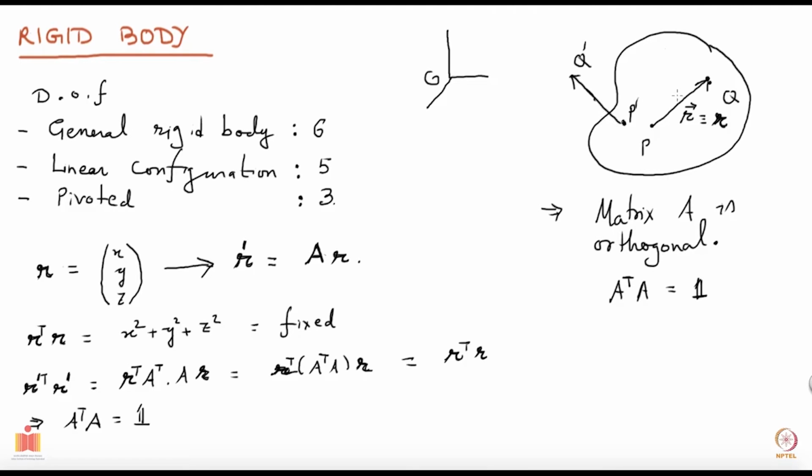So it's here, and we want to know what is the matrix A that has taken us from here to there. Let's say this orientation was at time t equal to 0, and this is the orientation at some other time t.